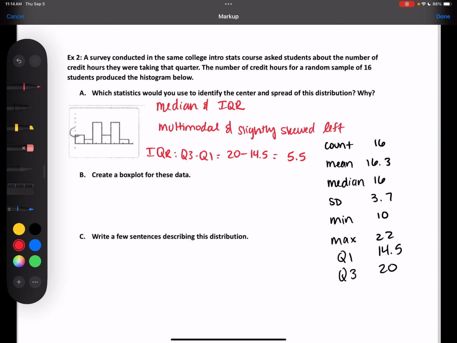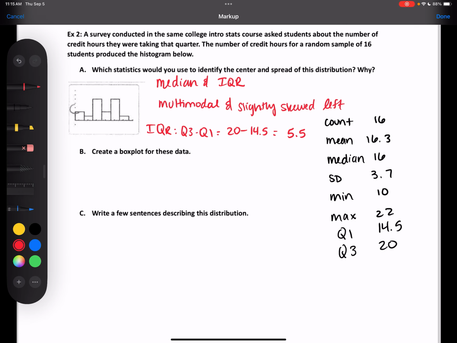Check something really fast. Okay. I don't see any outliers. I just tested the math really fast just to check before we got too far into this.